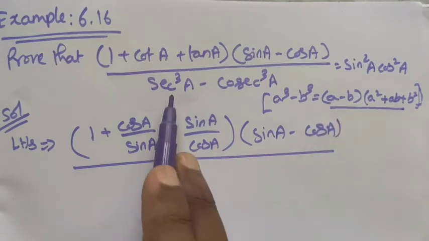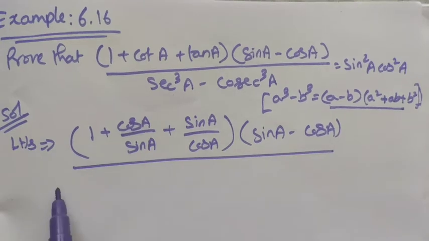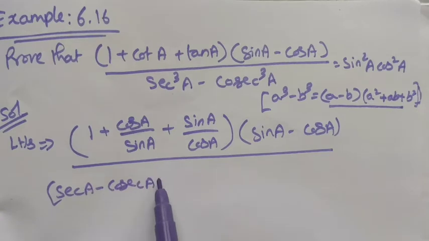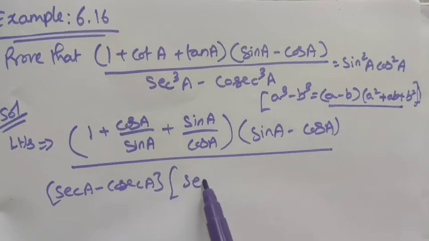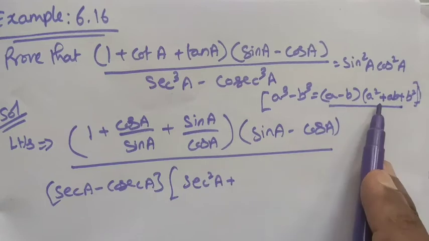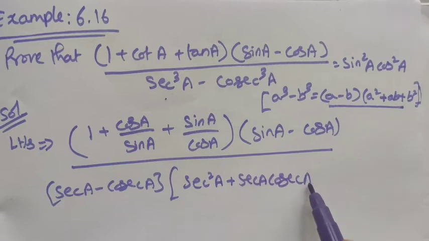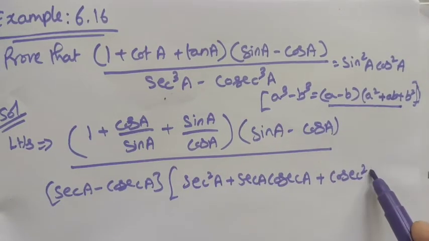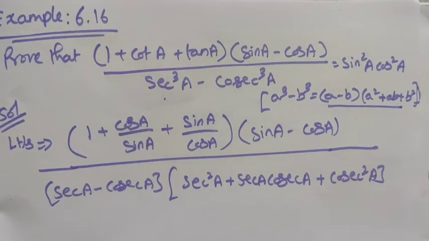A minus B means in the place of A is secant A, in the place of B is cosecant A. So here we have (sec A − cosec A) into (sec²A + sec A cosec A + cosec²A). So this is the numerator and denominator first term.